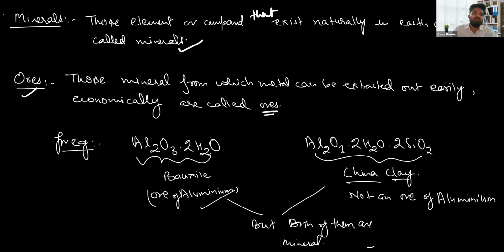Okay, now moving to the next portion. We have minerals, and from the minerals we have decided which one is an ore. For example, we have chosen between China clay and bauxite, and we decided which is more convenient.